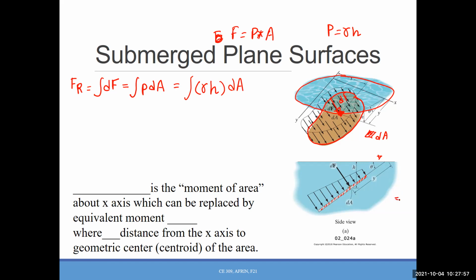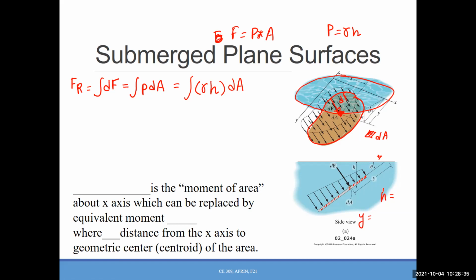Now from this picture, are you seeing H and Y both here? Can you tell me what is the difference between H and Y here? H is what and Y is what? Both of them give us some sort of depth or distance, right? But what is H?